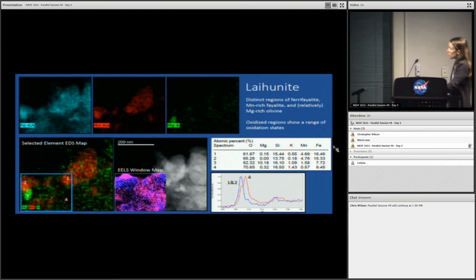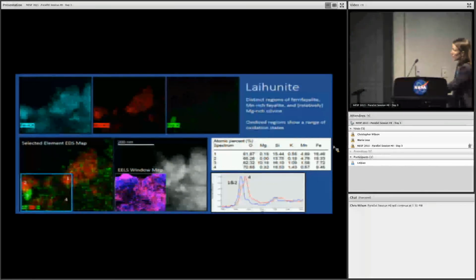And then when you look at the EELS spectra associated with these different regions, so these regions here are 1 and 2, and so they have quite a bit of manganese in them, and then are very Fe2+ rich, basically no Fe3+ in those regions.